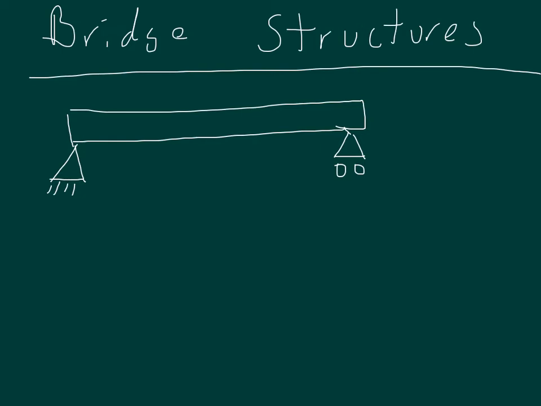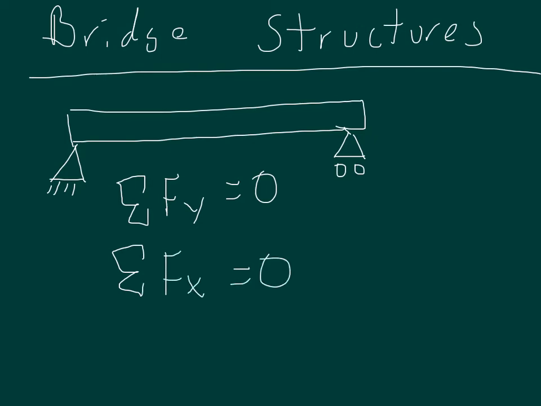Now, the idea of a bridge is to say the sum of the forces in the y direction must equal 0. The sum of the forces in the x direction must equal 0. And the sum of the moments must equal 0.